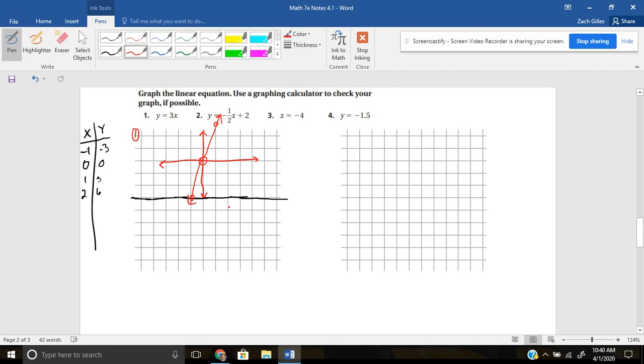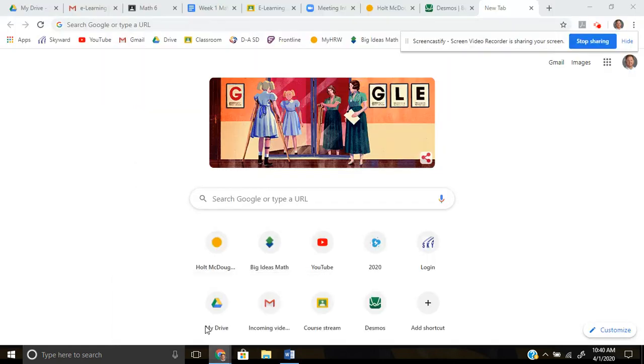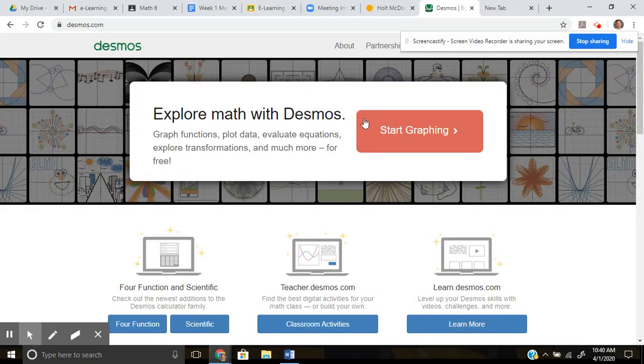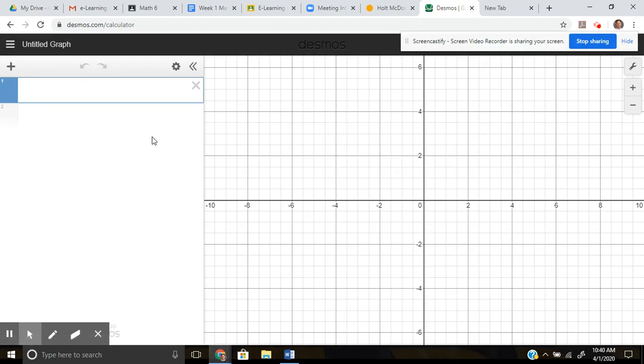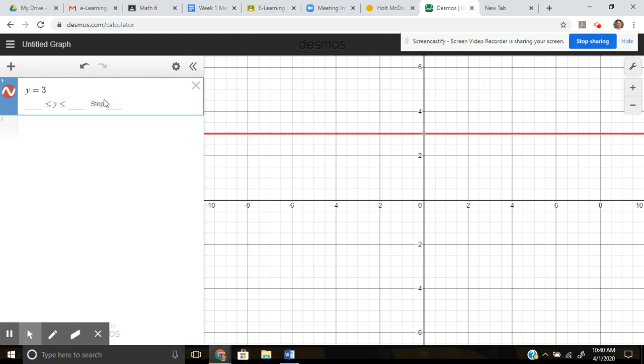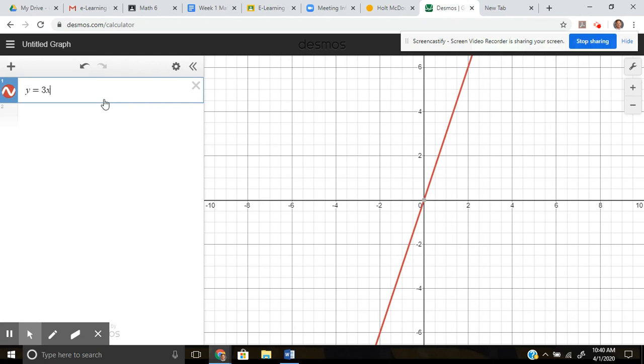Okay. Now, it says use a graphing calculator to check your graph if possible. Don't be afraid to go to Desmos and double check that. Remember, you can start graphing in Desmos, and you can use it as a graphing calculator to double check. So you could plug in y equals 3x. And you can see it automatically graphs it for you.